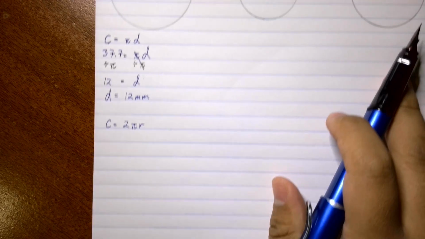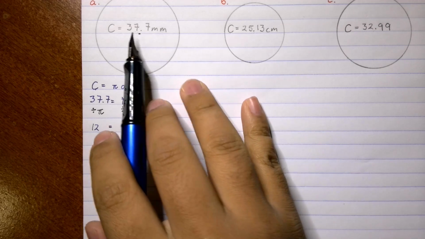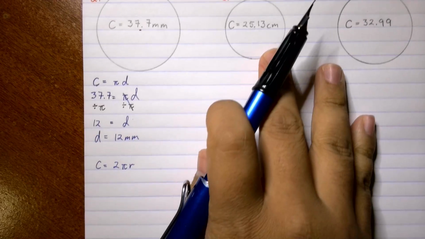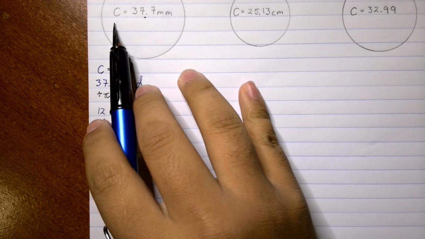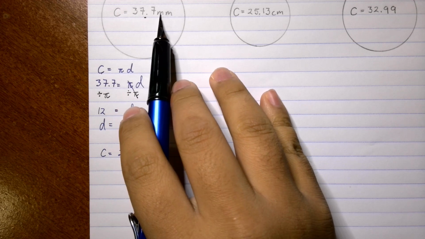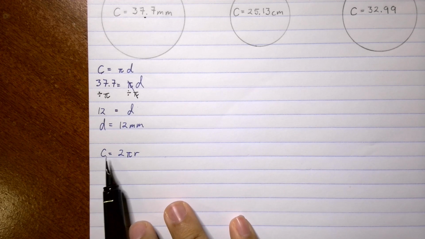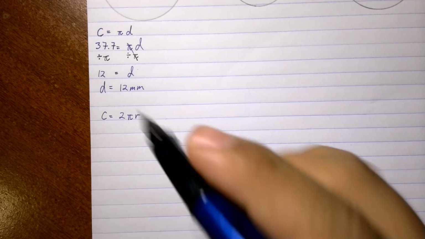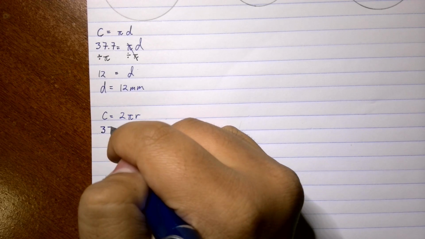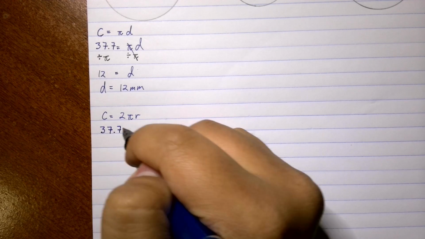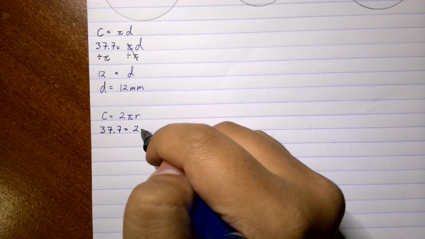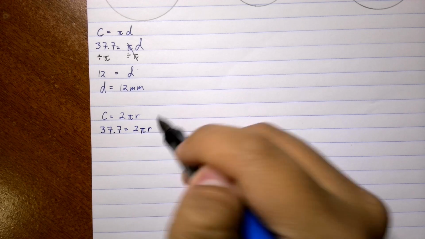And what we're going to be doing again is substituting the value of 37.7 once again. So C is equal to 37.7. So we substitute this value into our equation here. So we get 37.7 is equal to 2 pi r.